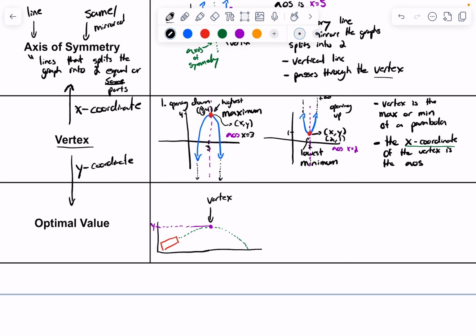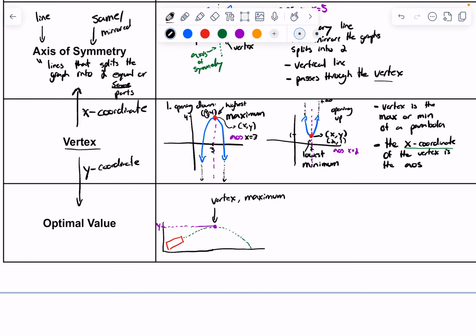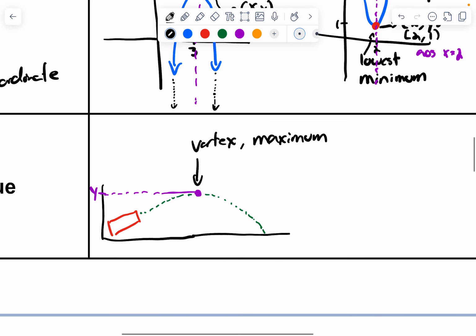And because it is an opening down parabola, that point is also your maximum. That maximum would have an x and a y, but it is the y coordinate that we're concerned with. So this purple point I've drawn here has both an x and a y value.